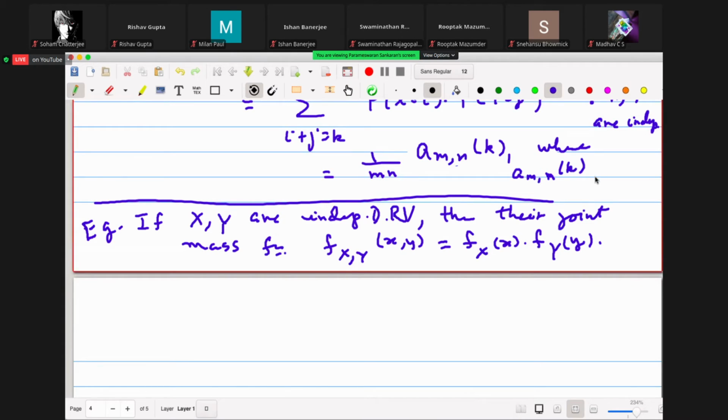This is definitely less than or equal to the minimum, but whether it is equal to the minimum of k minus 1 and m, I think it will be. Anyway, k is less than or equal to m plus n, otherwise it is 0, we know that. So if k is less than or equal to m plus n, I suppose it's okay.